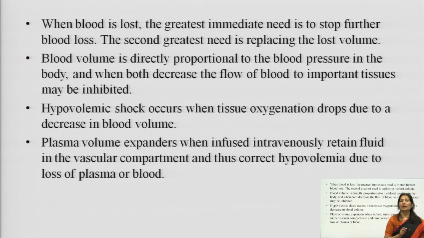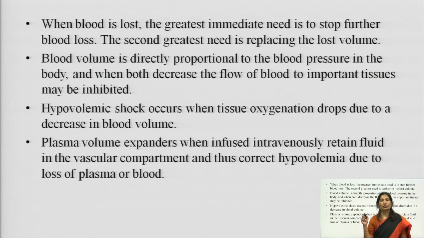But if in the emergency blood or plasma is not available, then we use plasma volume expanders. Plasma volume expanders will increase the blood volume, thus they will increase the blood pressure and thus oxygen will reach all the tissues, and that will result in the prevention of shock.